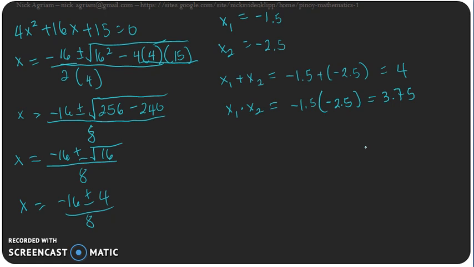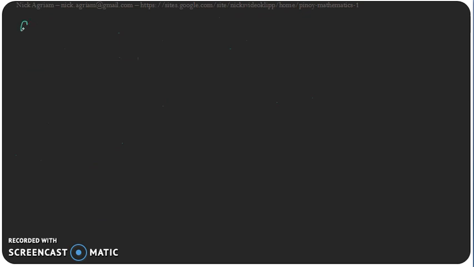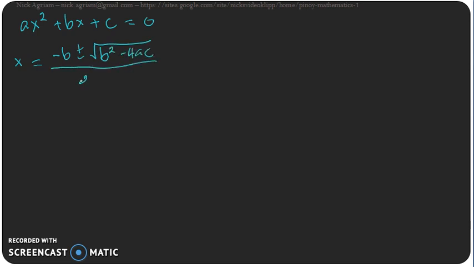Okay, now that you have seen two examples, I will make the generalization of that, and then we will come back to these examples later and try to check if our generalization applies. For example, I have ax squared plus bx plus c is equal to 0. According to the quadratic formula, we have negative b plus minus the square root of b squared minus 4ac divided by 2a.